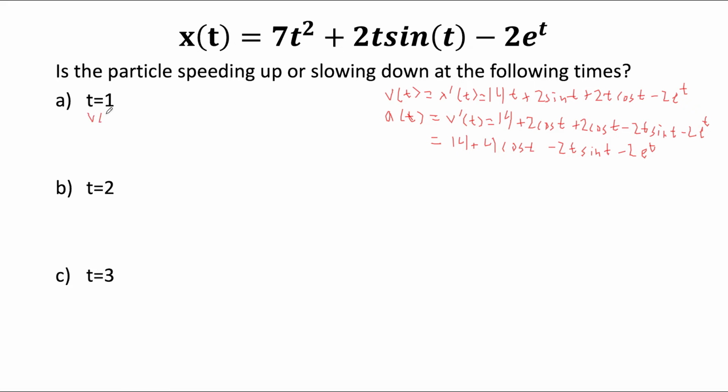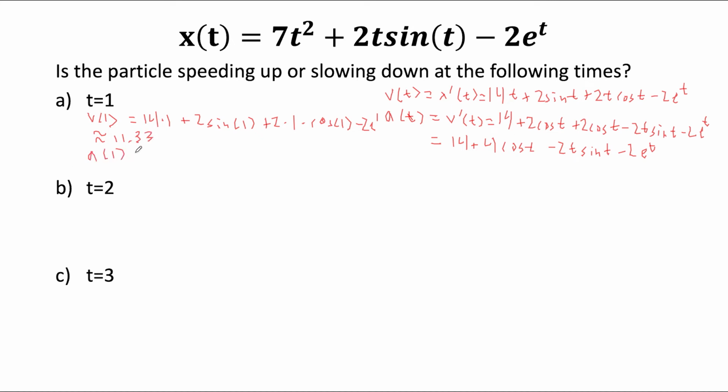All right, now let's plug in our time values to these two equations. So v of 1 is 14 times 1 plus 2 sine of 1 plus 2 times 1 times cosine of 1 minus 2e to the 1. And if you plug that into your calculator, you should get approximately 11.33.